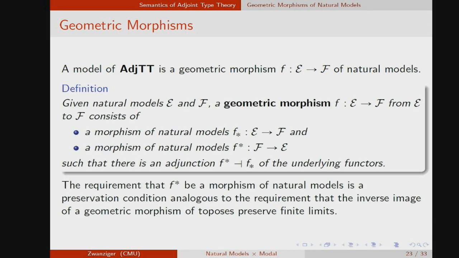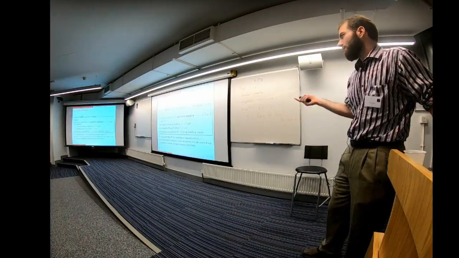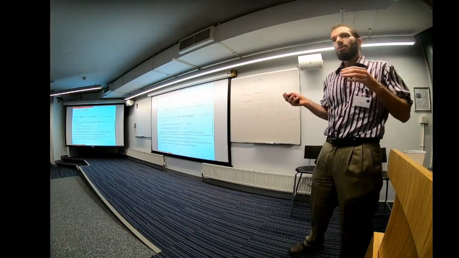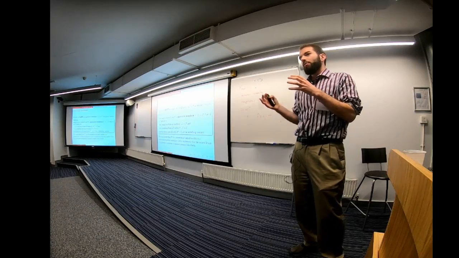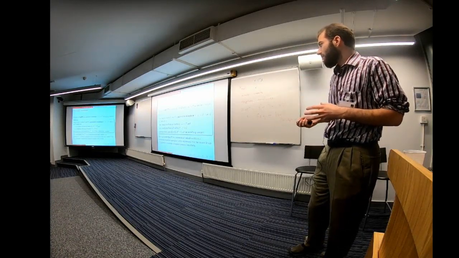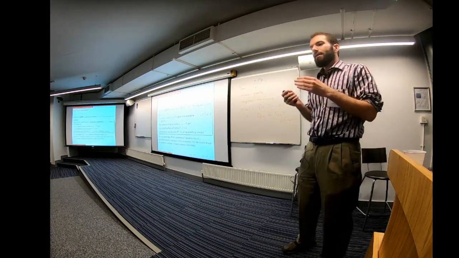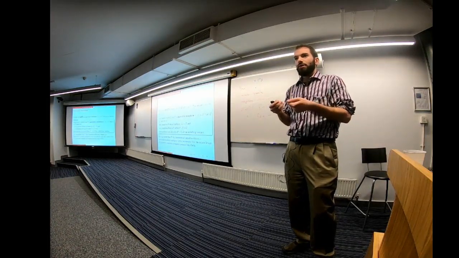Okay. I was also very glad that the term geometric morphism came up earlier. This is my notion of a model for this adjoint type theory. Basically, you have two natural models, E and F, and you have morphisms going back and forth, which are adjoint. And you could say, why don't I just call that an adjunction of natural models? My justification for this terminology is that in a geometric morphism, the left adjoint preserves limits. And here, the fact that the left adjoint is a morphism of natural models is a kind of preservation condition.